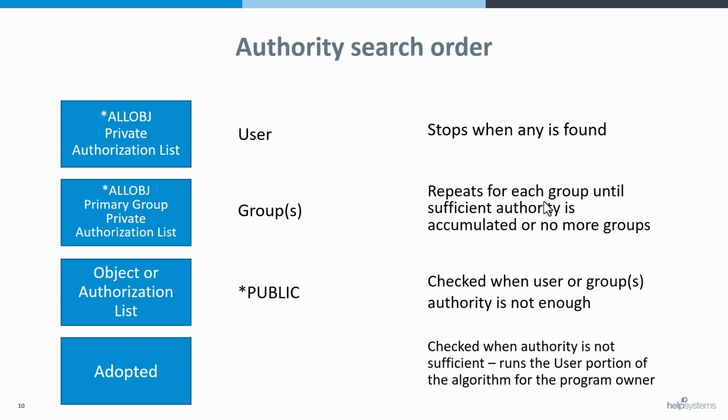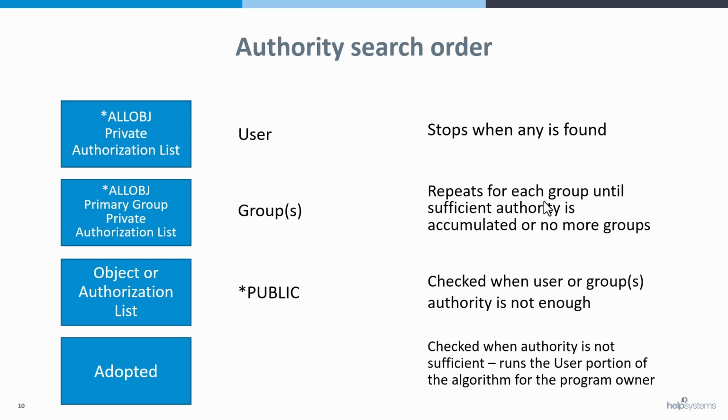If the user does not have all object, the next thing that is checked is the private authorities on the objects, and then the private authorities on the authorization list if the objects are being secured by an authorization list. If none of those provide enough authority, the groups for that user profile are also checked. Again, the first thing that's checked is if a group has all object.